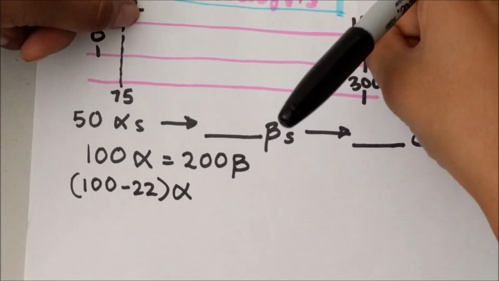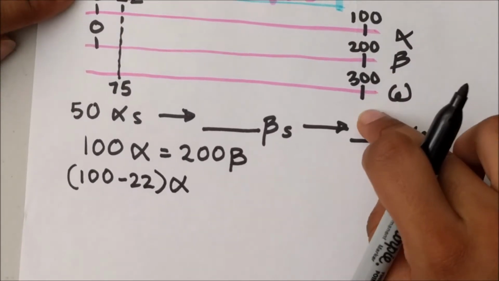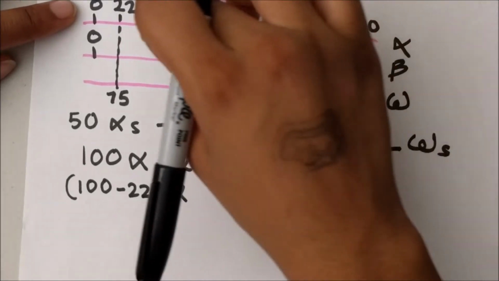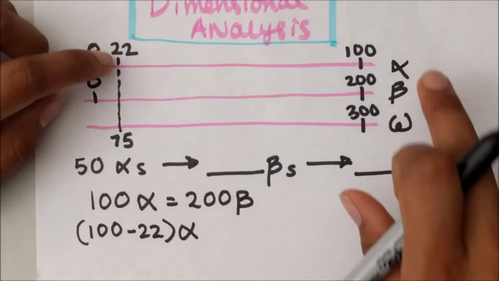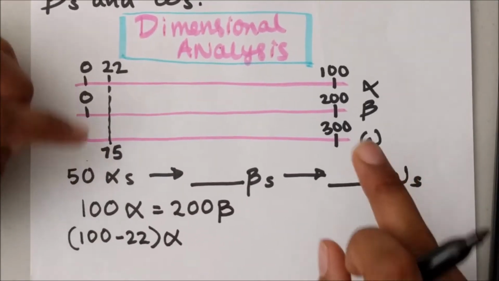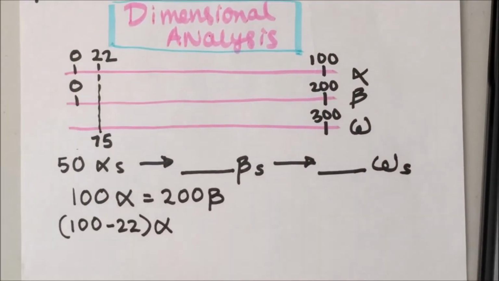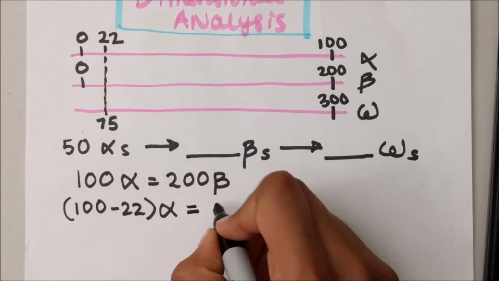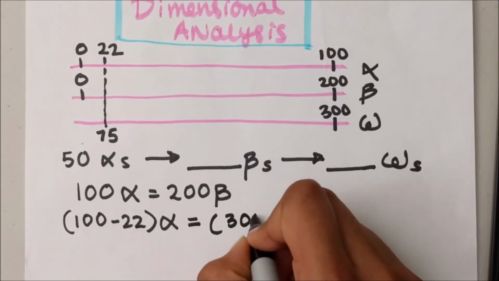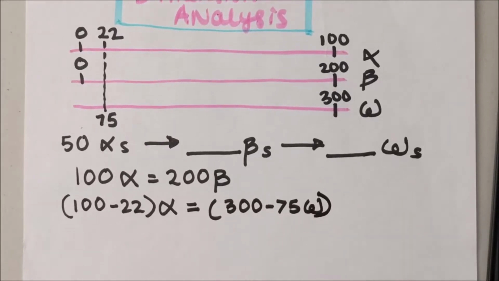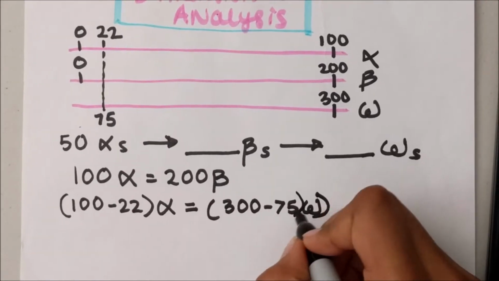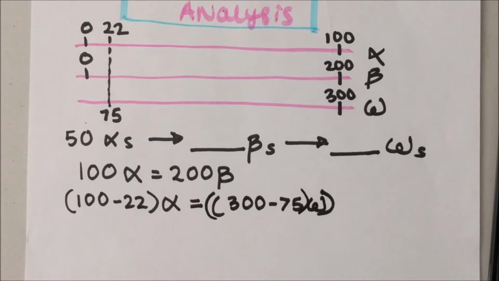We know that the distances are equal, so we wouldn't say that 100 alpha equals 300 omega, or 22 alpha equals 75 omega. We would have to subtract to find the distance between them. So on the other side, we would have 300 minus 75 omega. Okay, my parentheses are a little off here.